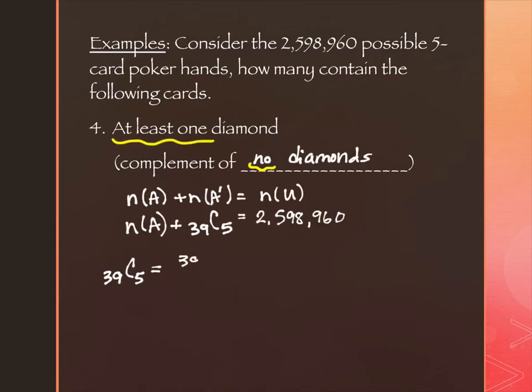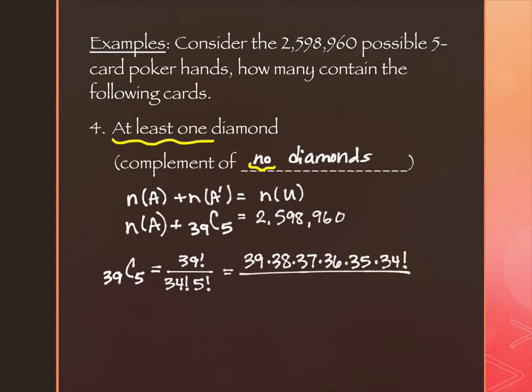So we've got 39 factorial on top. What's on the bottom? 34 factorial and 5 factorial. So we're going to write our 39 out to 34, and then I have my 5, 4, 3, 2, and 1.